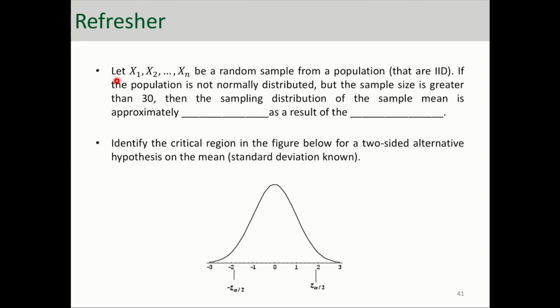Here it says let x1 through xn be a random sample of a population that are IID. IID stands for independent and identically distributed. If the population is not normally distributed, but the sample size is greater than 30, and 30 is a rule of thumb, a rough estimate, then the sampling distribution of the mean that we talked about is approximately normal.